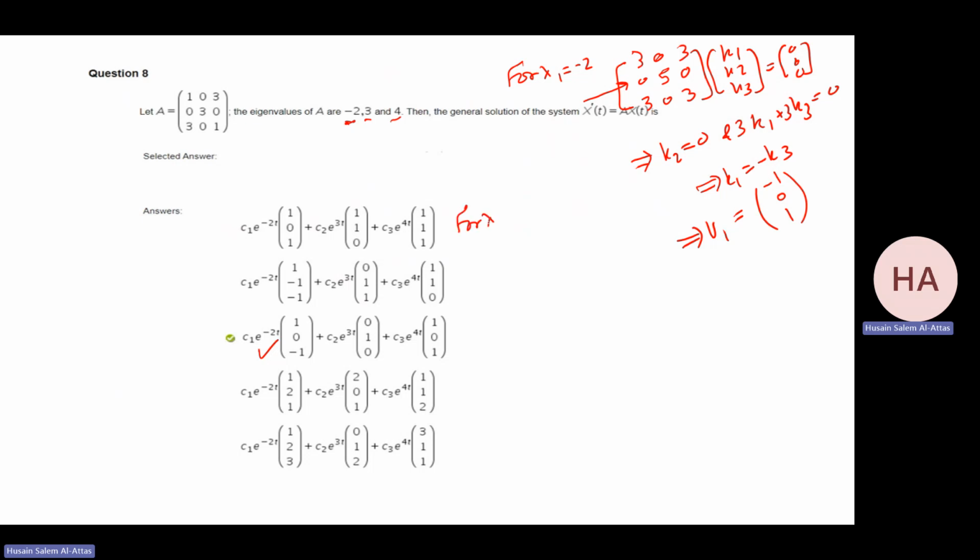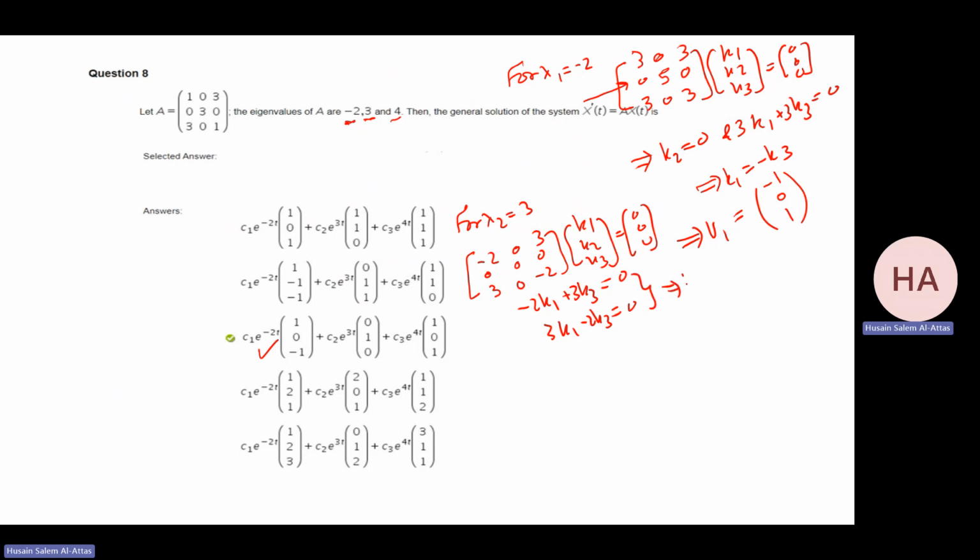Now for lambda 2 equal to 3, what will happen? I have minus 2, 0, 3, 0, 0, 0, 3, 0, minus 2 times K1, K2, K3 equals 0, 0, 0. So I have minus 2K1 plus 3K3 equals 0, and 3K1 minus 2K3 equals 0.